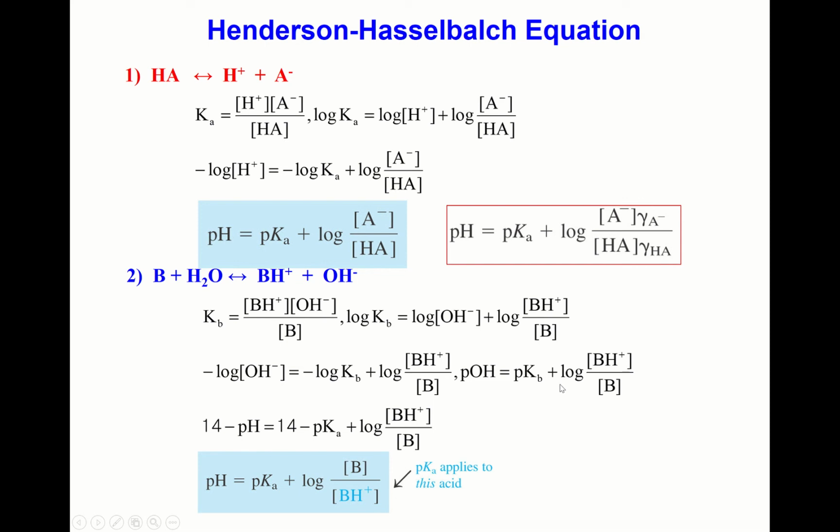If we take a negative sign on both sides and add 14, we get this equation. 14 minus pOH is pH, and 14 minus pKb is pKa, plus log, and since we put the negative sign, this term is upside down. pH equals pKa plus log of B over BH plus.